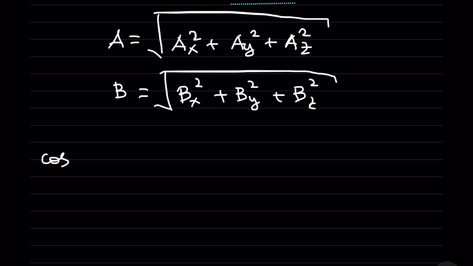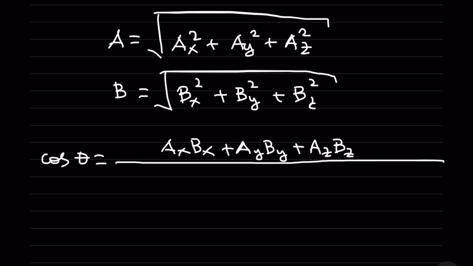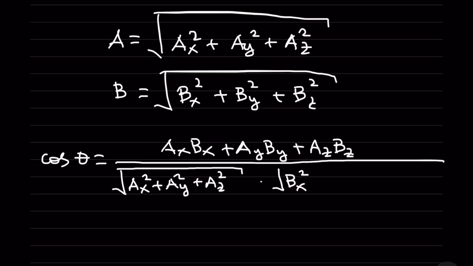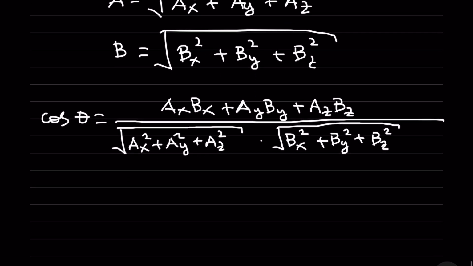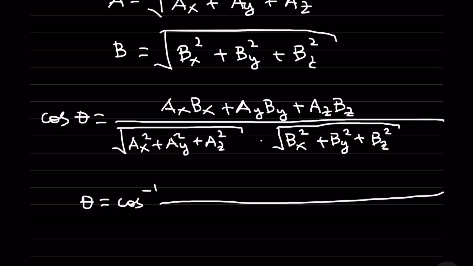The same is true for the magnitude of B. So what we do next is we substitute these magnitudes of A and B in our equation. So the numerator is the same. Then for the denominator, we just write the square root of the sum of the squares of the components for the two vectors, and we just multiply them. And finally, to get angle theta, we simply get the arc cosine of the term on the right.